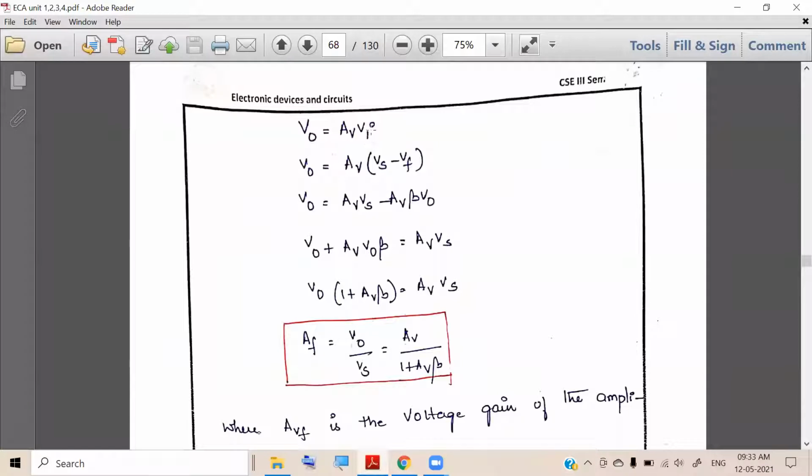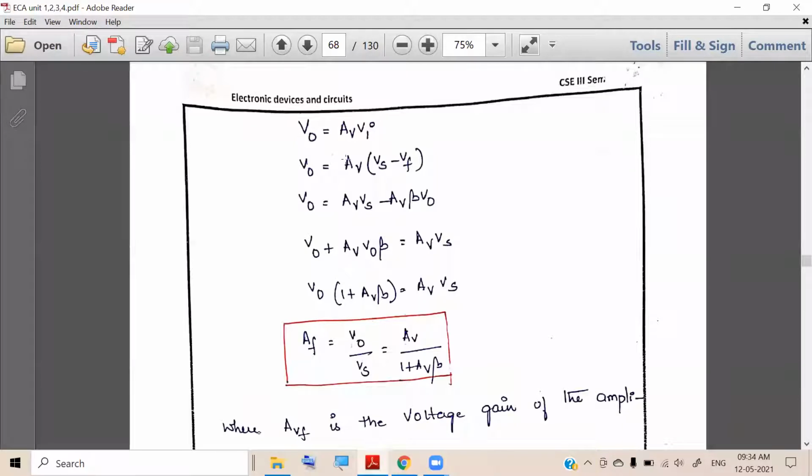Next, Vi, we discussed, for negative feedback. By default, in this entire unit, if nothing is mentioned, we will consider negative feedback. So for negative feedback, Vi we can write as Vs minus Vf. This we discussed many times in the previous classes.